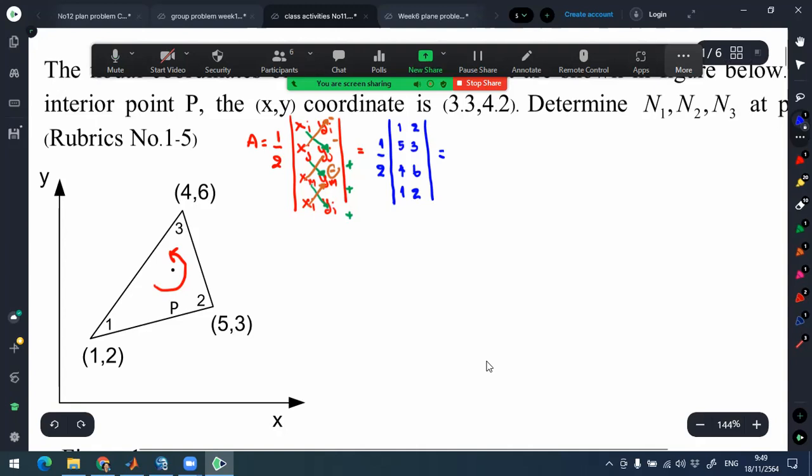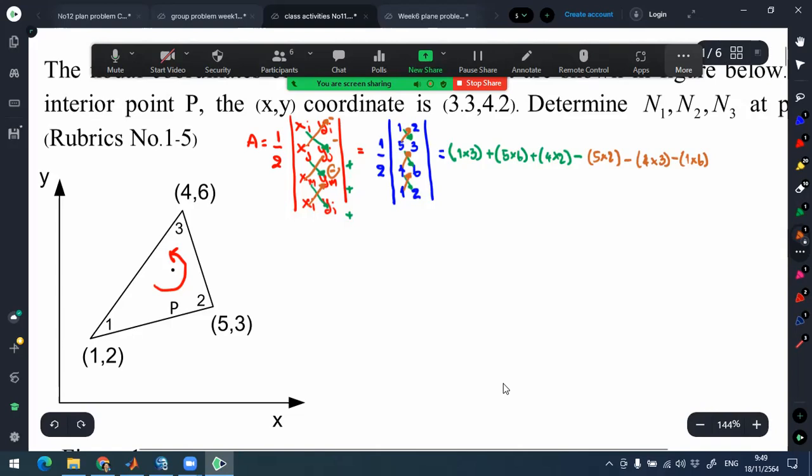And it's equal to what? When we multiply this, we obtain 1 times 3 plus 5 times 6, plus 4 times 2, minus 5 times 2, minus 4 times 3, minus 1 times 6.